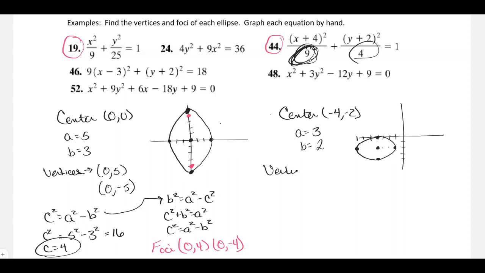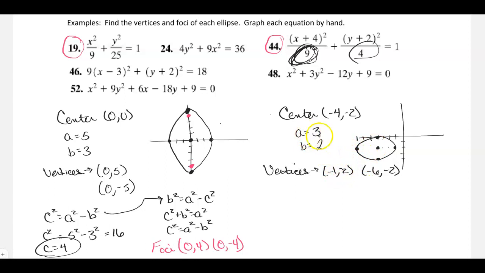So where are my vertices? So the vertices, when we moved 2, we ended up here at negative 1, 2. And then when we moved this way, we ended up at negative 6, negative 2.